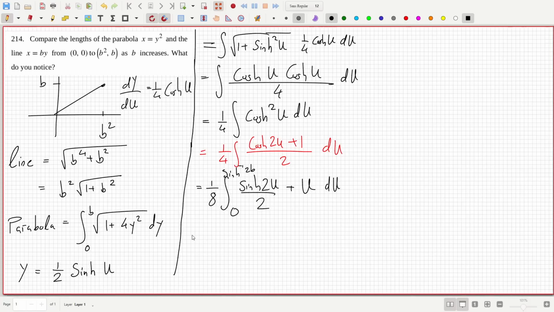Oh, sorry, I've already integrated, so that's actually the limits at the back. Zero, and then sine inverse 2b.